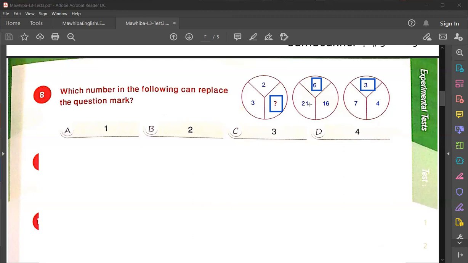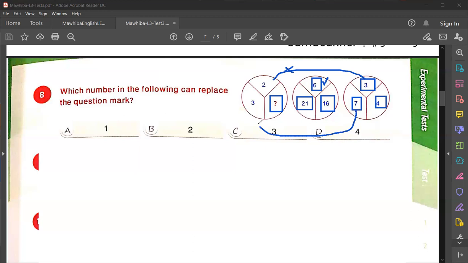Okay, now, here it is 20, 21, and 16. Here, 7 and 4, right? I think it is easy when you use multiplication here. 2 times 3 is what? It is 6, right?